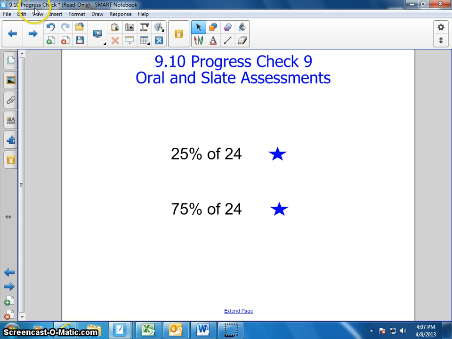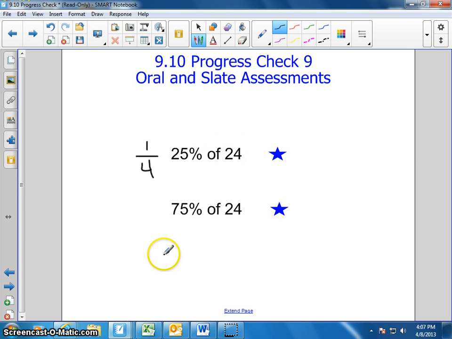Okay, 25% of 24. Sometimes it's easier to view percents as fractions. So what's 25% in fraction? It's 1/4. So we want to find 1/4 or 25% of 24. So what's 24 divided by 4? 6.